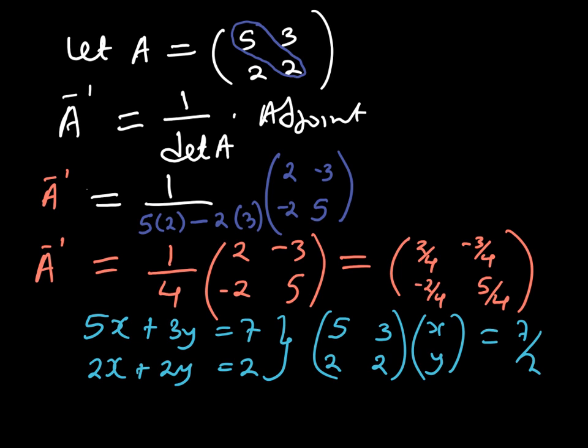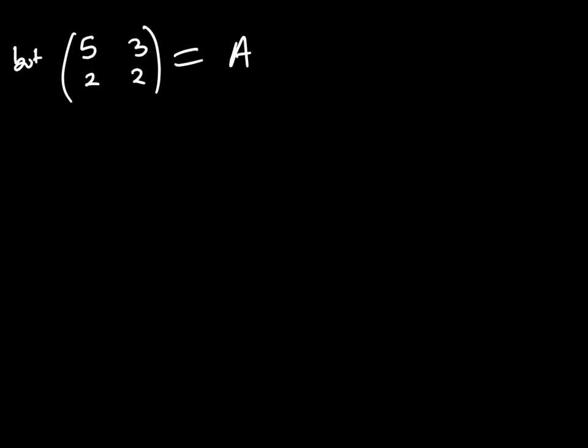So how do we move from this step, using the inverse we have just computed, to come up with the solution of this equation? This is simple. After writing the matrix of coefficients, you realize that 5, 3, 2, 2 is the matrix A, and we have its inverse. I know that if I multiply A by its inverse, it will give me an identity matrix.